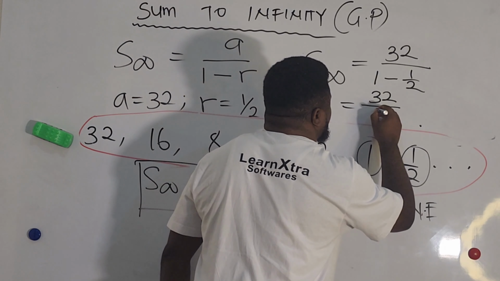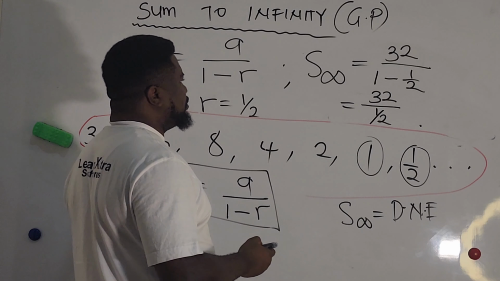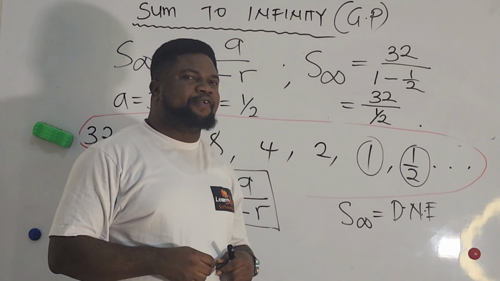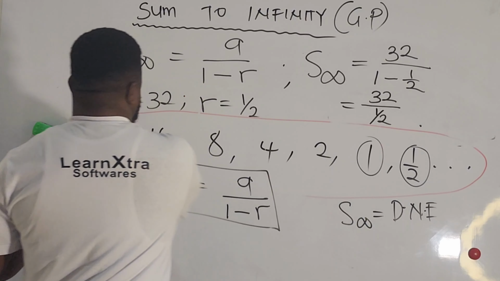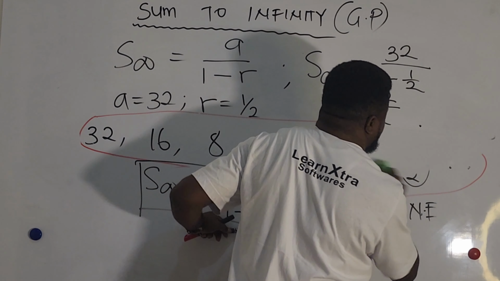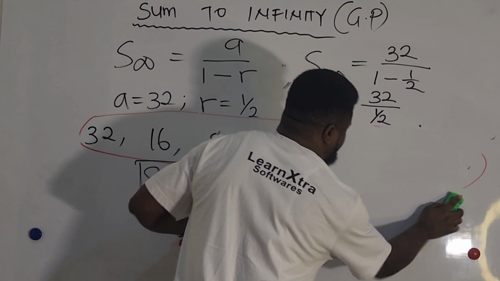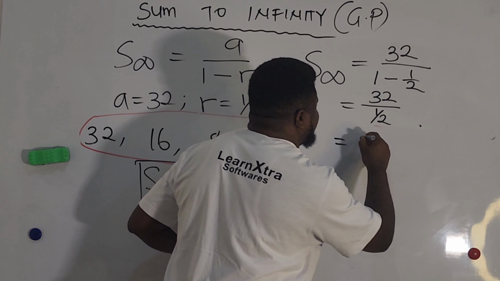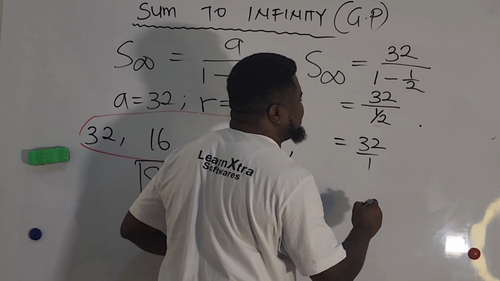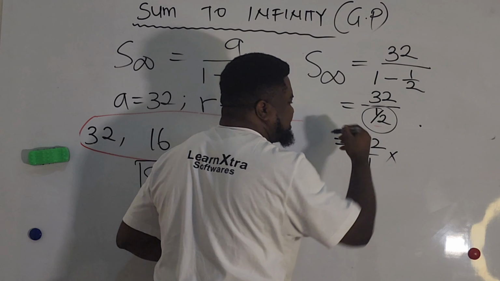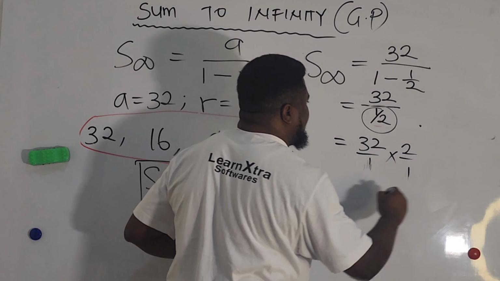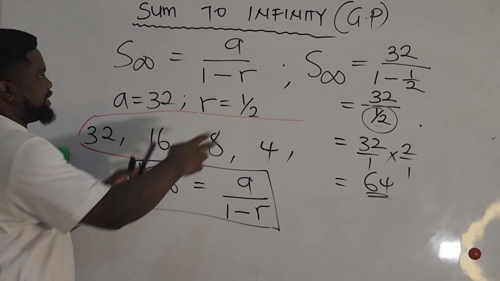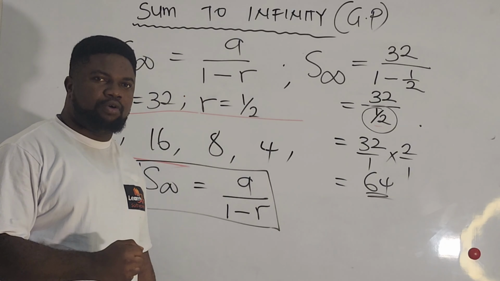That will be 1/2. 32 divided by half is 64. But how would you know? Let me show you. This will be 32/1 times, we invert the fraction, 2/1, and that is 64. So when I sum this to infinity, my answer is 64.